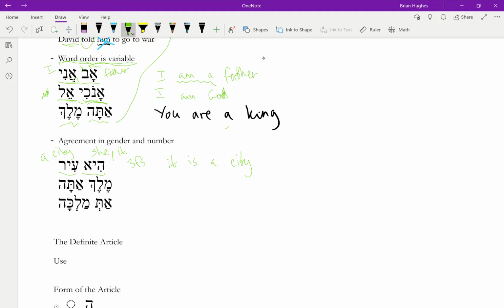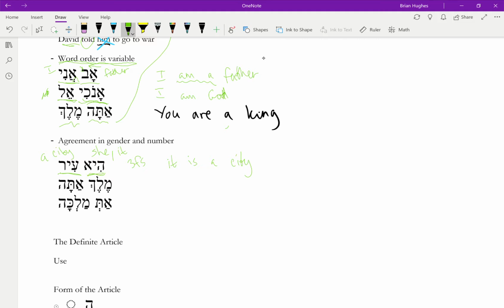I use this one here because one of the things we talked about was those irregular nouns that don't have the expected endings for gender. So ir is a feminine noun, and we would expect it to be marked with a kametz he or a tav or something like that at the end, but it's not. So actually having these pronouns helps us out.